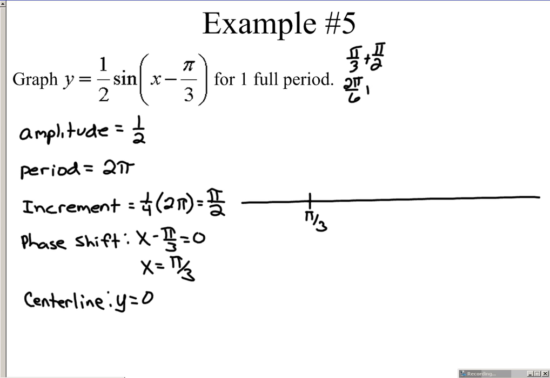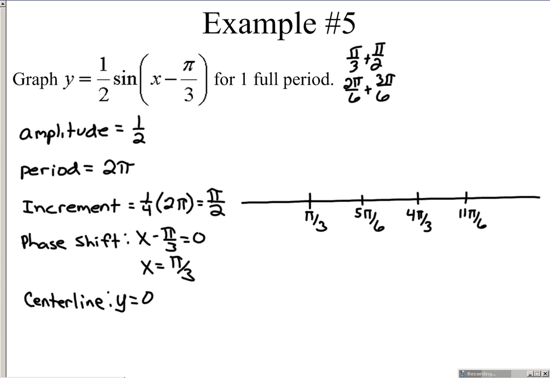Need a common denominator. 2 pi over 6 plus 3 pi over 6 is 5 pi over 6. Add 3 pi over 6 again, we get 8 pi over 6. Add 3 pi over 6 again, we get 11 pi over 6.